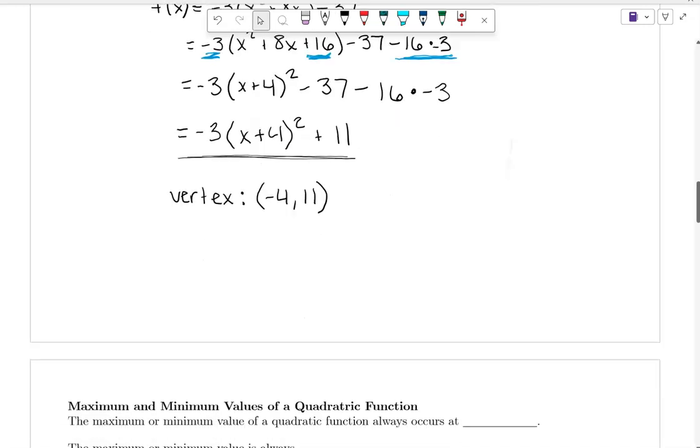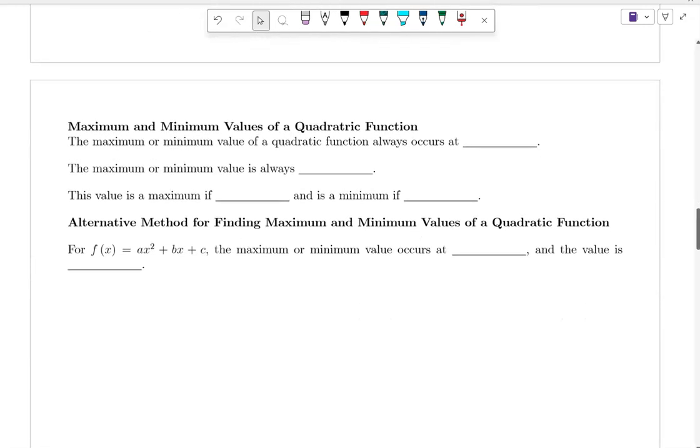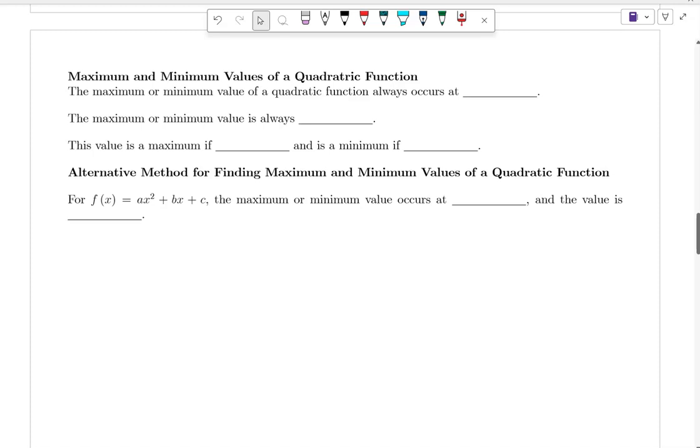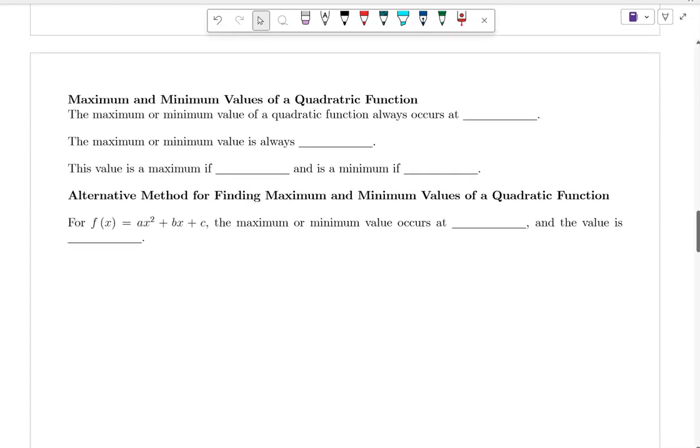Now we are going to move on to finding maximum and minimum values of a quadratic function. So the maximum or minimum value of a quadratic function always occurs at x equals h, and then the value is always k.